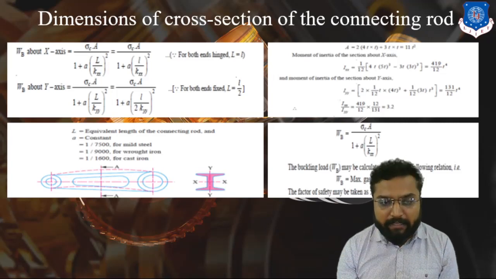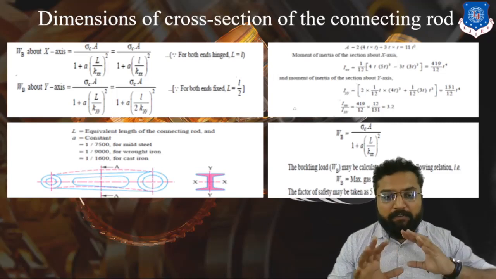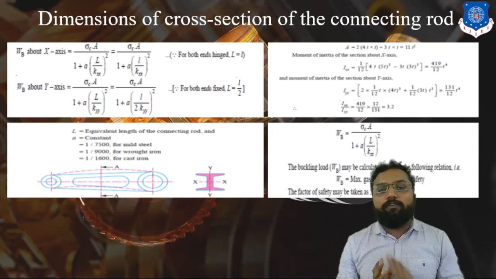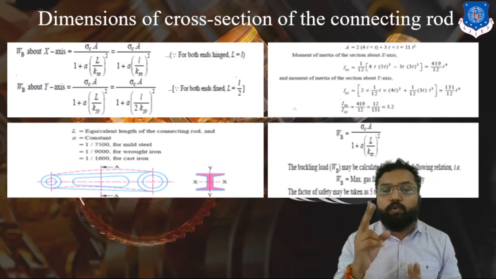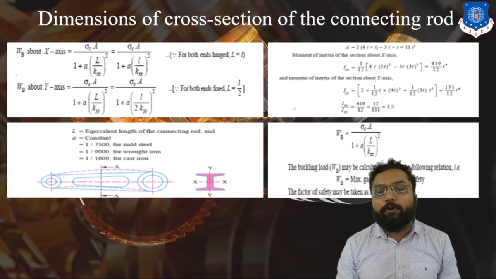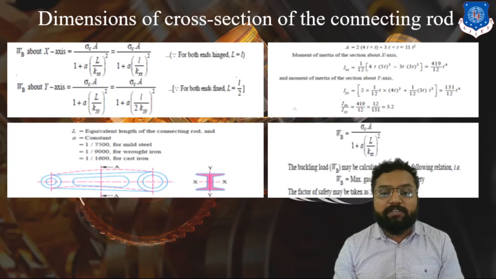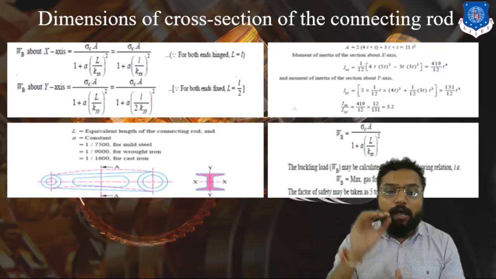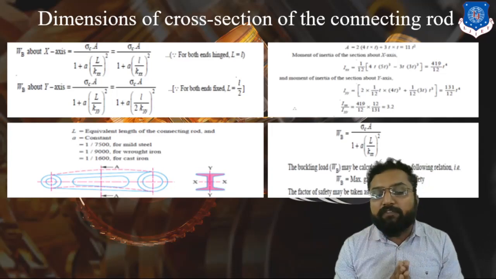Clear? Okay, so we are clear about this design procedure for the cross section area. In this we have considered two directions, IXX and IYY, where IXX is higher compared to IYY. So we are going to design depending on the XX direction. In this case, WB is our load, which is called the buckling load.